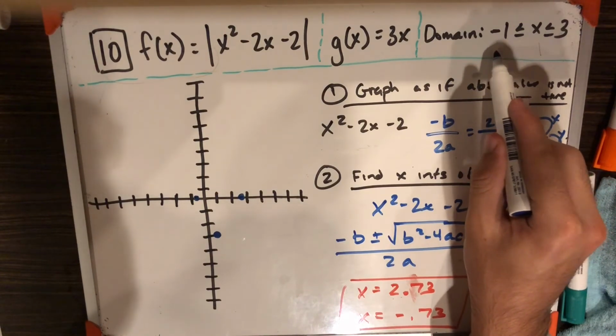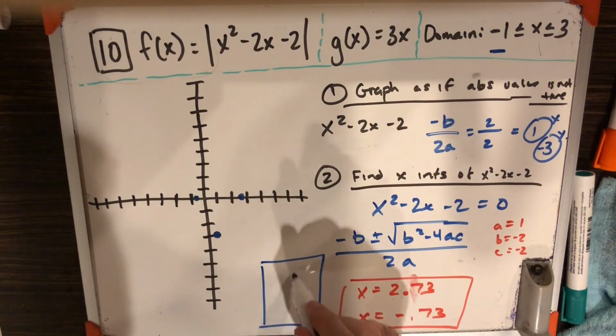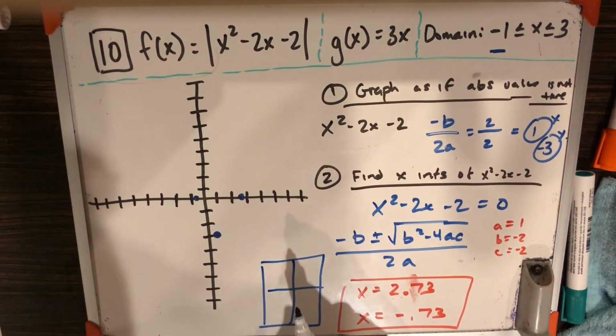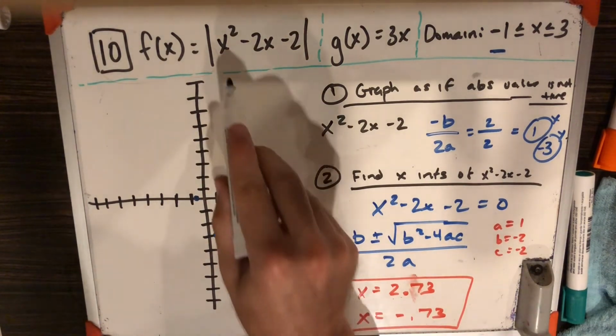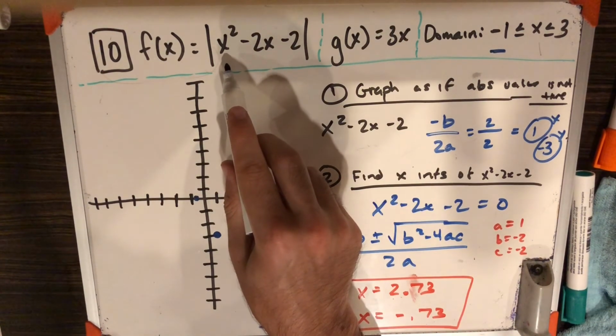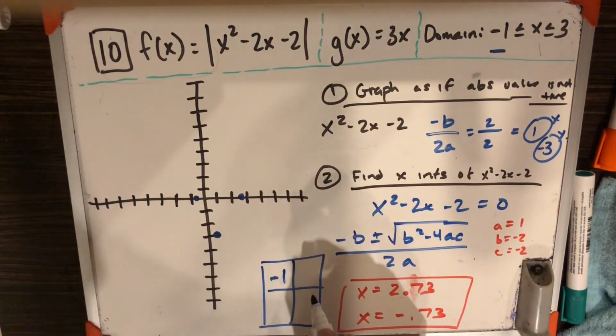Okay, now let's go back to our domain, right? What else haven't we covered? Well, we haven't covered -1 yet. Okay, now we can start using our table under absolute value, right? So when I plug in -1, what do I end up getting as a result? When I plug in -1 here, I end up getting 1 plus 2 is 3. 3 minus 2 is just 1.